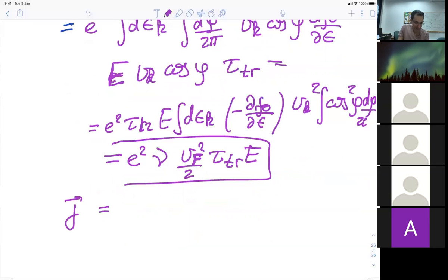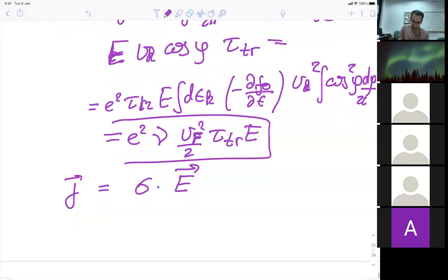And what we found is that the electric current is given by sigma dot E, sorry, not dot, just sigma times E. It's a scalar for this case.